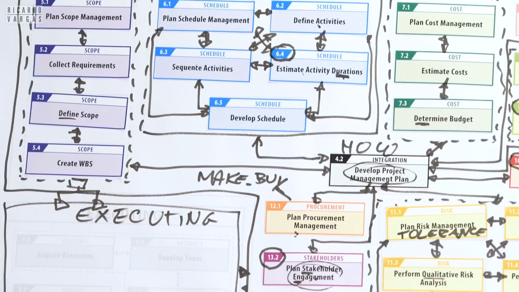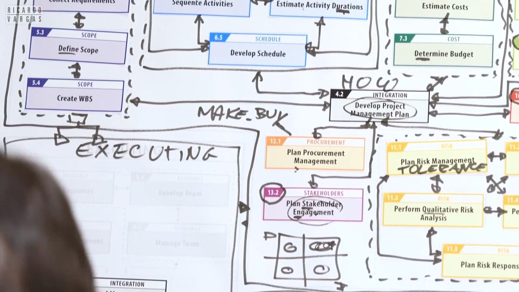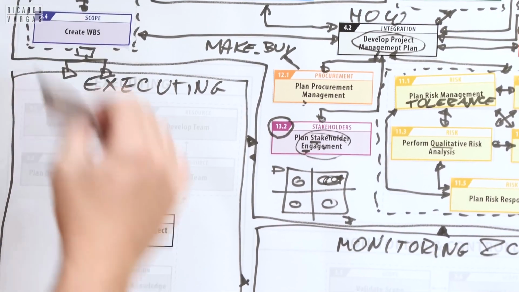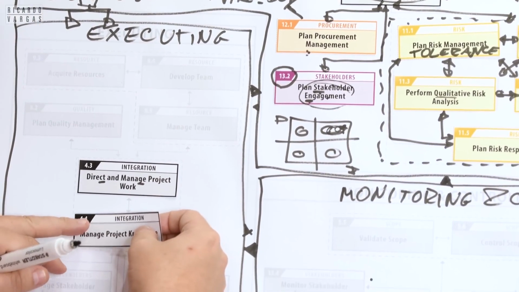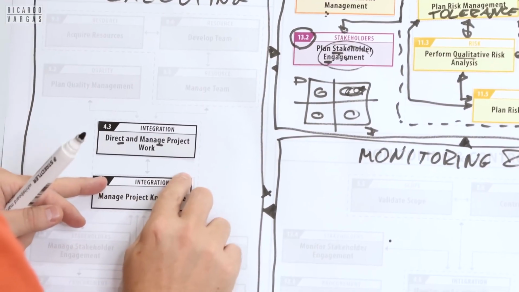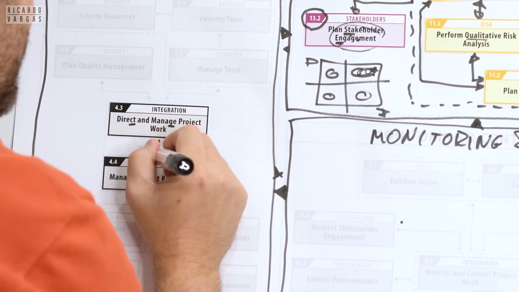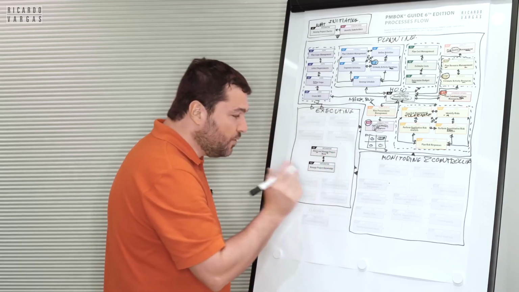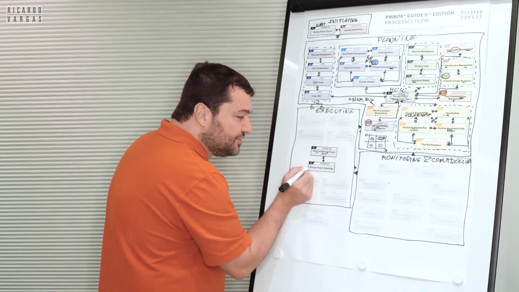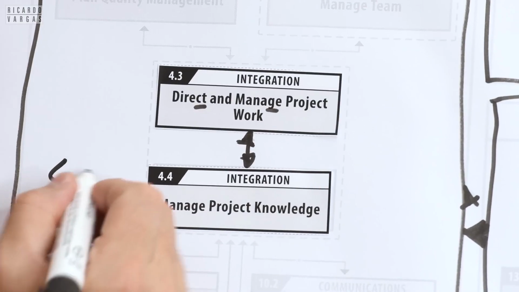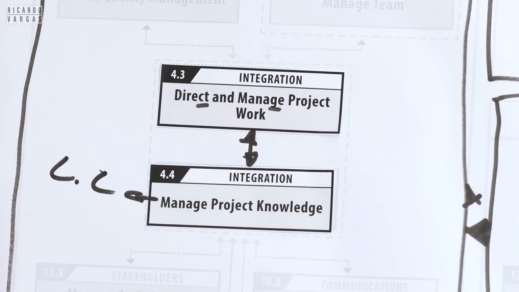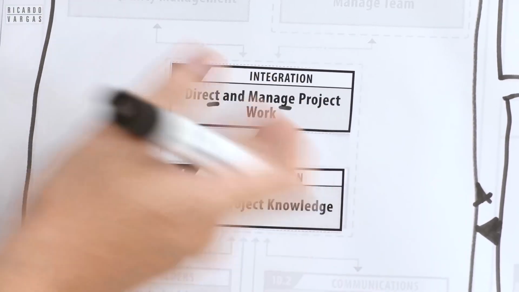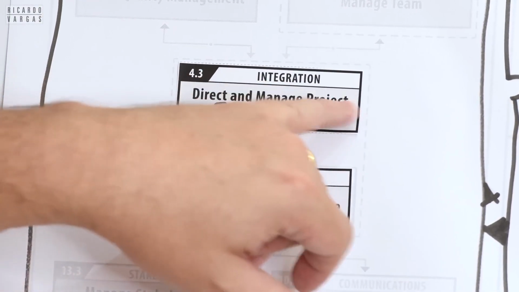And now there is one new thing in the PMBOK 6th edition. It's a new integration process called Manage Project Knowledge. In a very, very simple way, you can understand this as lessons learned. So what do you do? You need to register what you are learning from the project work.